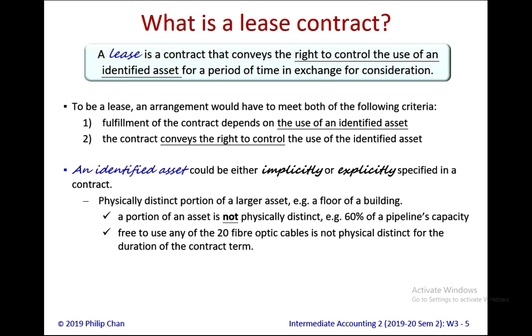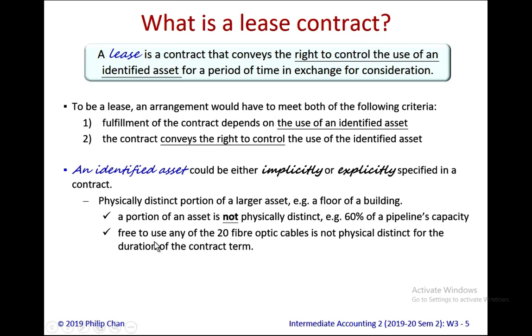However, it would not be physically distinct if you just want to rent a portion of an asset, such as 60% of a pipeline's capacity. Now 60%, which 60%? That was not defined within the contract, so it is not identified.